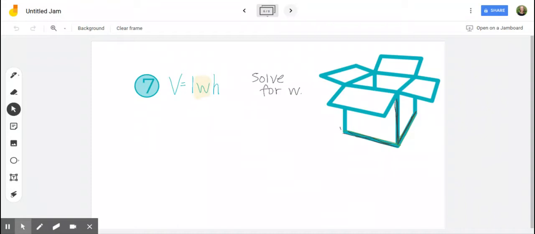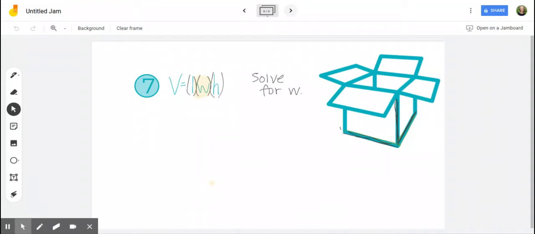Okay, so I can see, and if it helps you, you can put the length, the width, and the height in parentheses. That's your choice if it helps you. Okay, so I'm going to just get rid of the L this time. So I'm going to take it step by step. Instead of getting rid of the L and the H together, I'm going to just get rid of the L in case this way kind of helps you more.